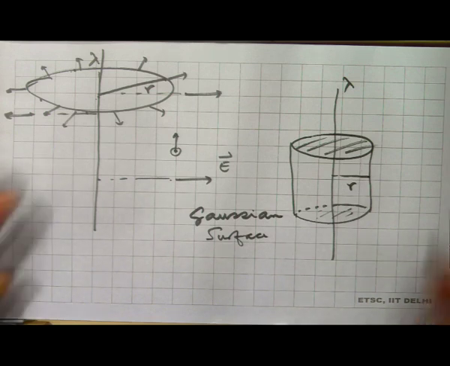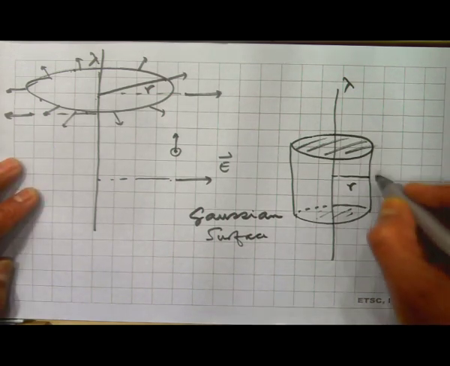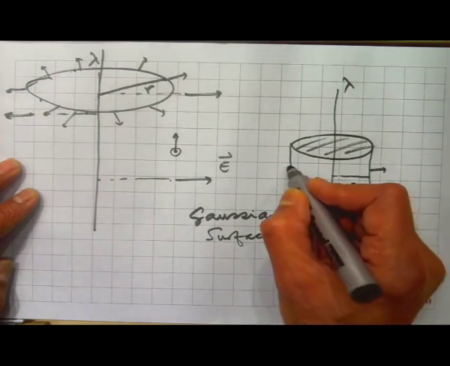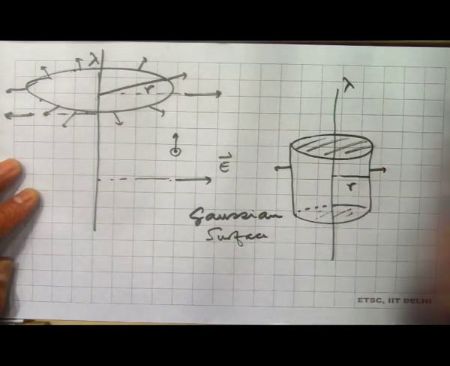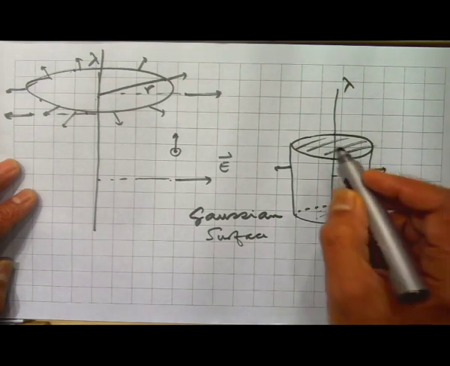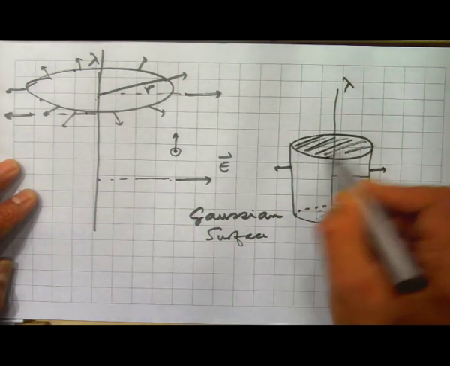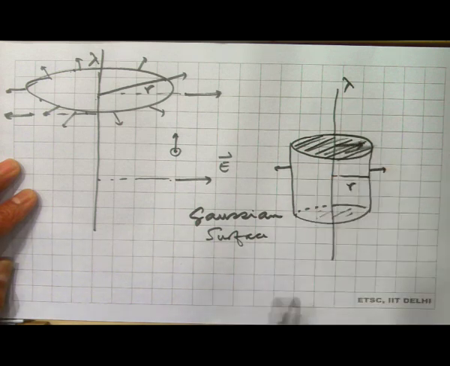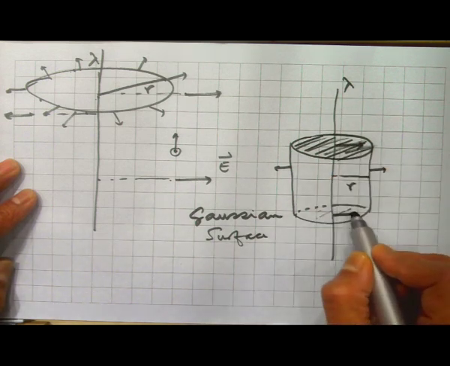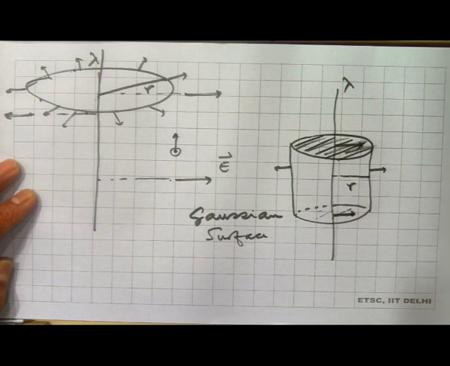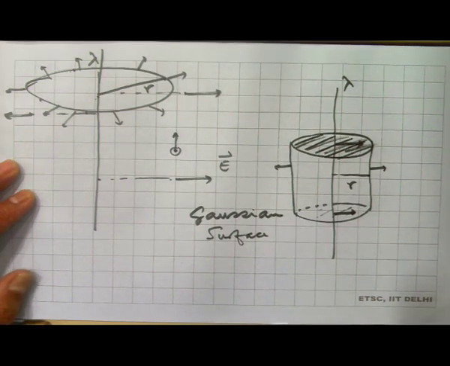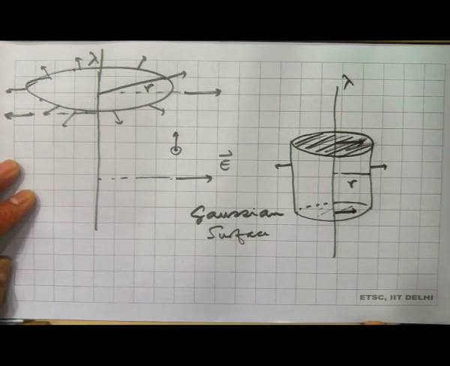So, now I know the first thing is that the electric field at this point will be pointing away from the surface of the cylinder, normal to the surface of the cylinder. Second, the electric field on the upper surface is tangential to the surface, and the electric field on the bottom surface is tangential to the surface. Remember when we introduced flux, we said it is the dot product of the electric vector and the area vector.